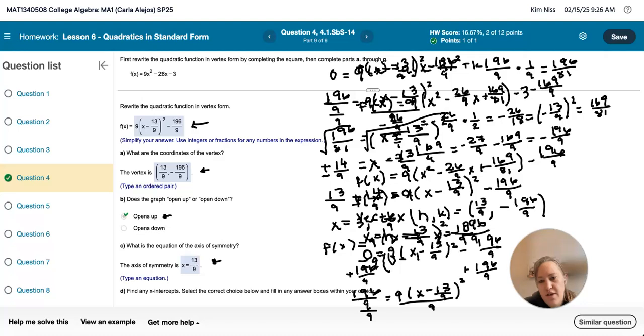So we have 9 times (0 minus 13 over 9) squared minus 196 over 9.